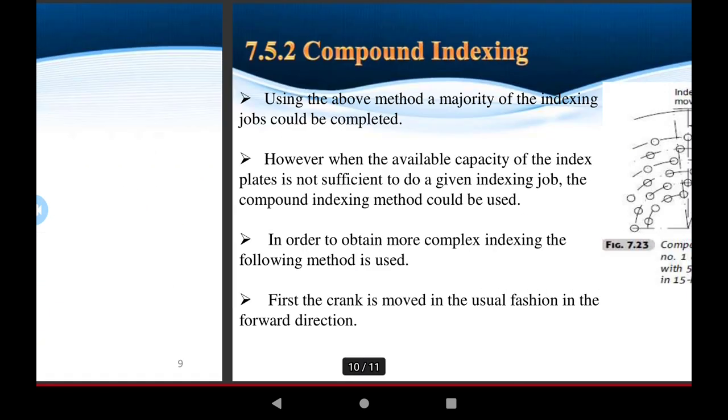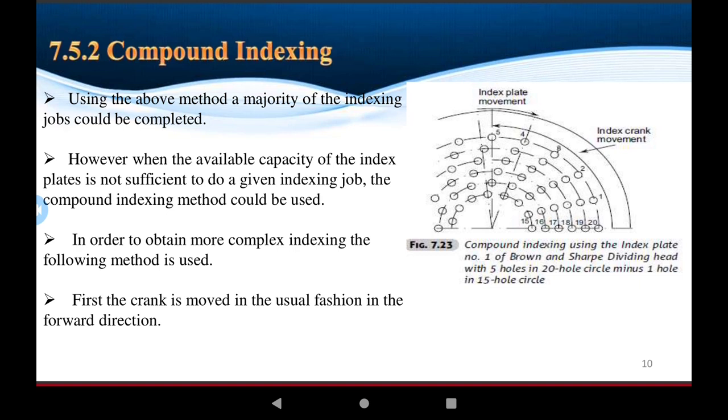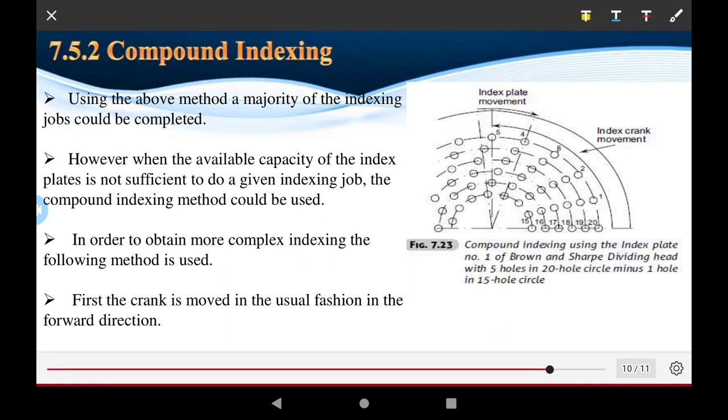Okay, and also compound indexing. Using the above method, the majority of the indexing jobs could be completed. Okay, and suppose this is the center of the plate, and this is used for the 15, 16, 17, 18, 19 and 20 hole circles.